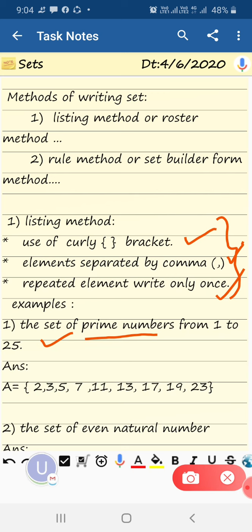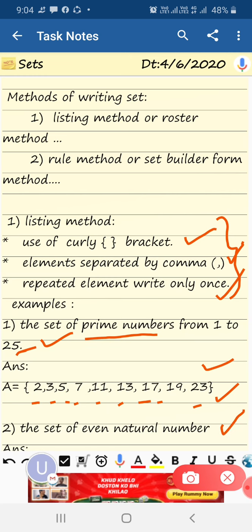So here the numbers are 2, 3, 5, 7, 11, 13, 17, then 19 and 23. Here the limit is given as 25. 25 is not a prime number, and 24 is also not a prime number. So the last number is 23. In this way you can write it in the listing method.